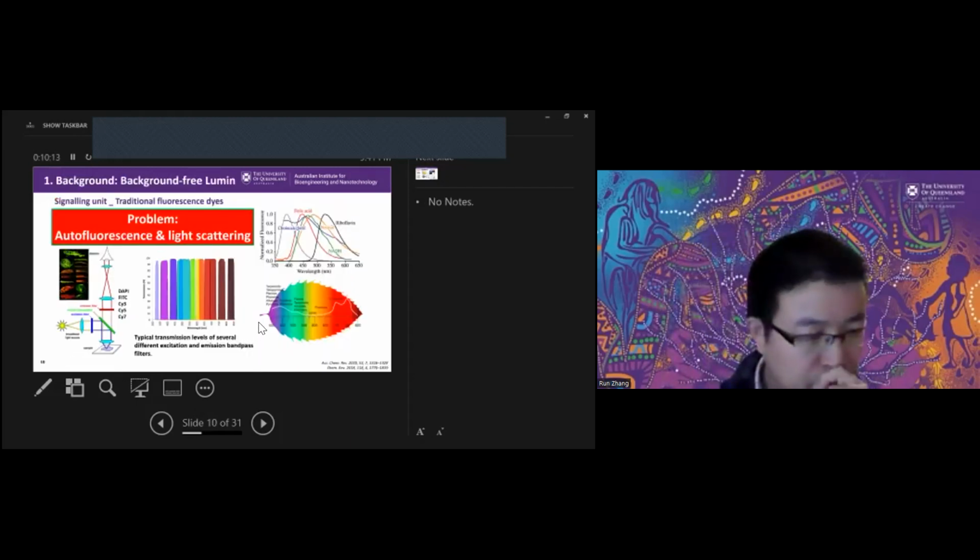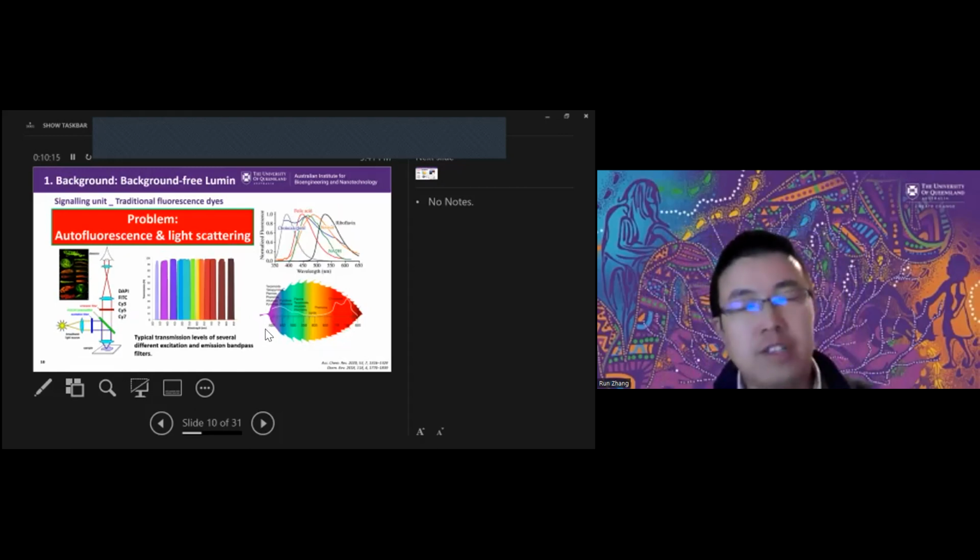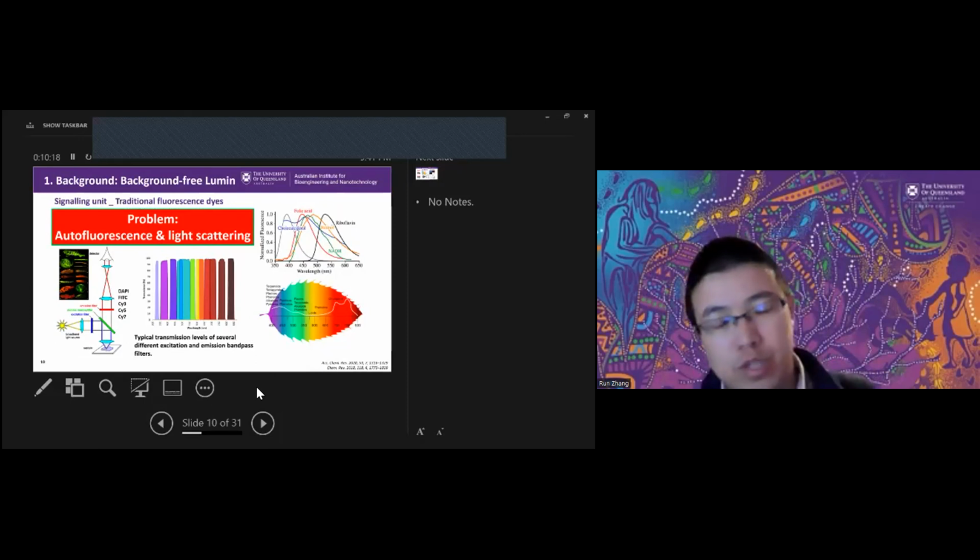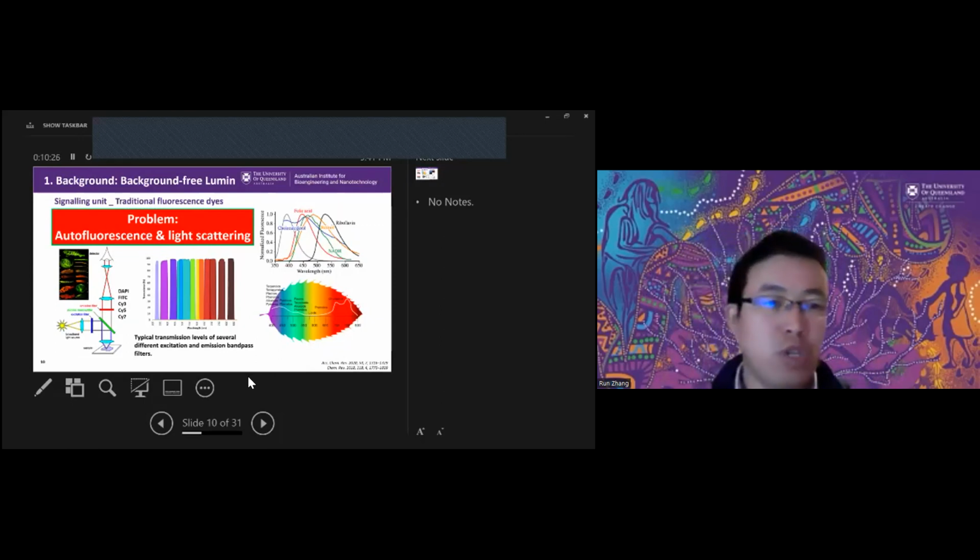And when we are doing the research, we find a problem, which is the autofluorescence, the background signal, especially when we are working with more complicated biological samples. We can see the high signal from autofluorescence, and also light scattering.